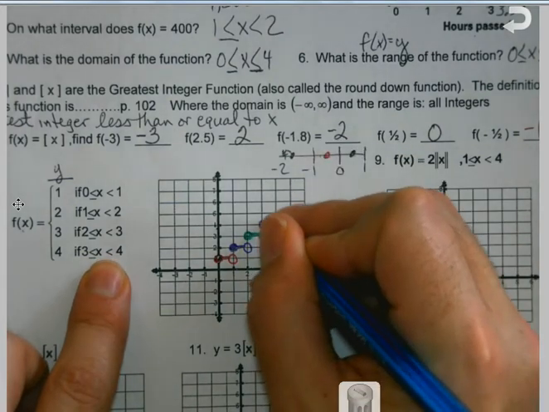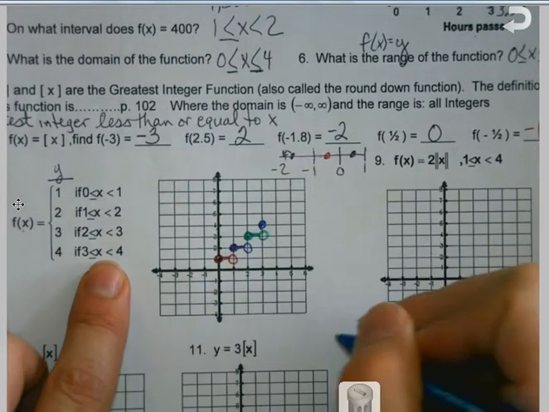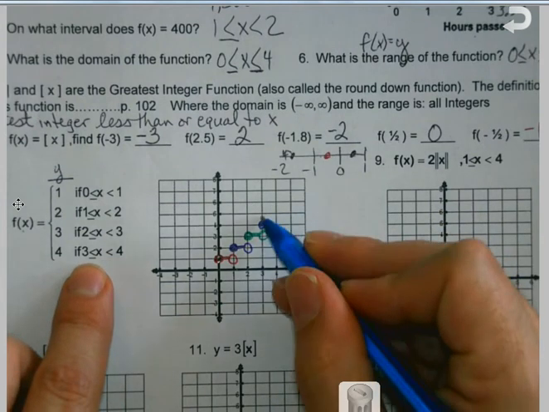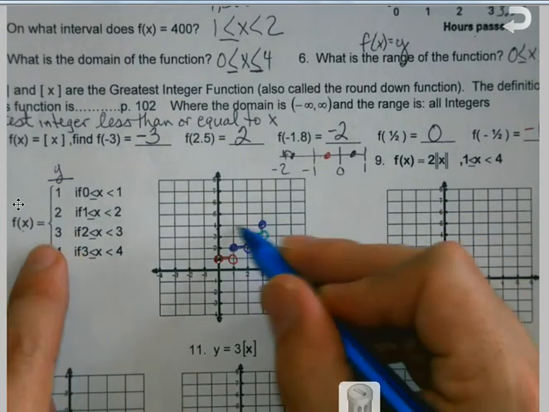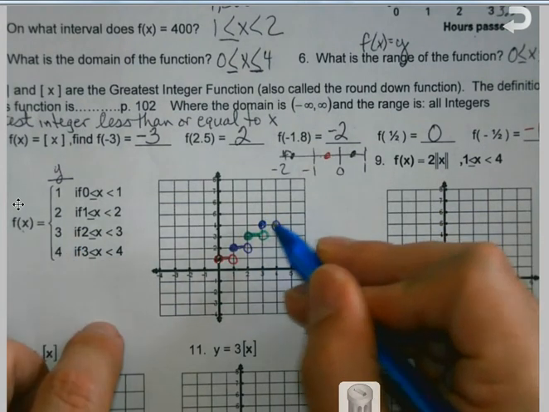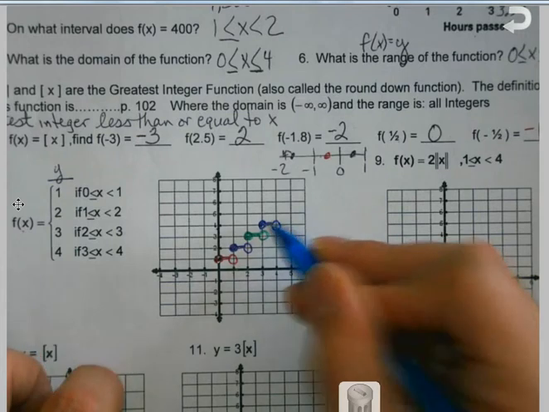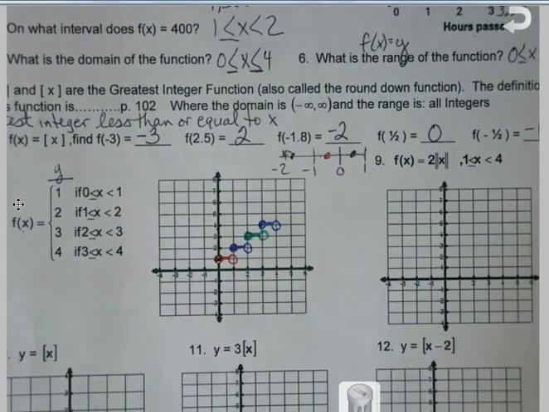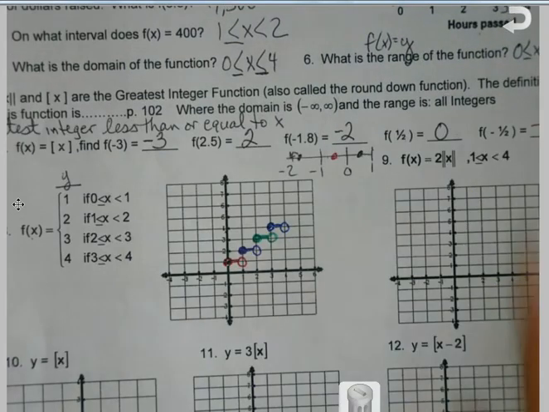Again, closed-in circle here, because my x value is 3. That x value stays 3. And then we'll go between 3 and 4. So you get these little steps. Now, will they all be that way? Sometimes you'll be given them that way. Sometimes you're just going to be given the greatest integer function.